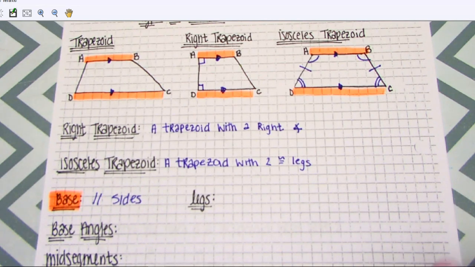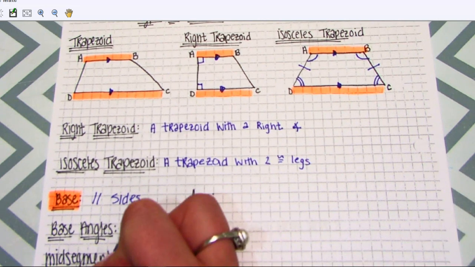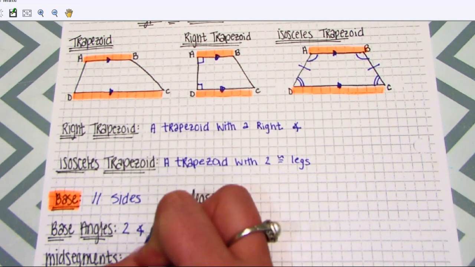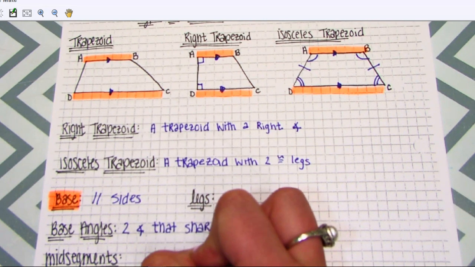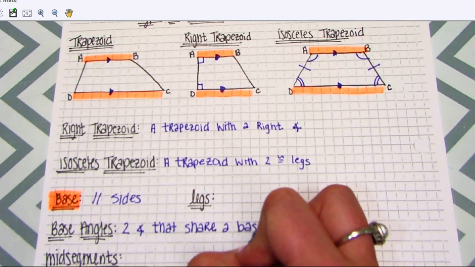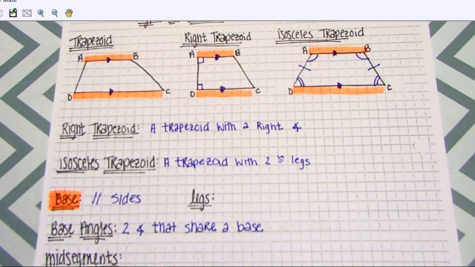So we'll talk about base angles next. Those are 2 angles that share a base. So base angles, they sit on the base. There are 2 pairs because there's 2 bases. They will share 2 different locations. So it's 2 angles that share a base.